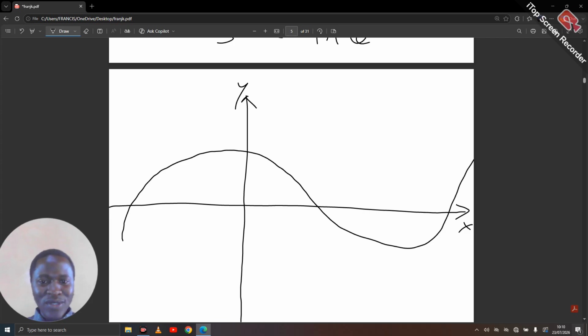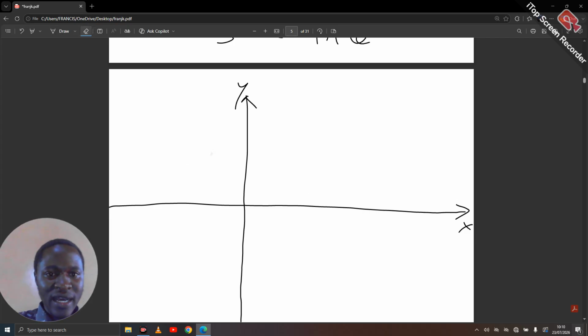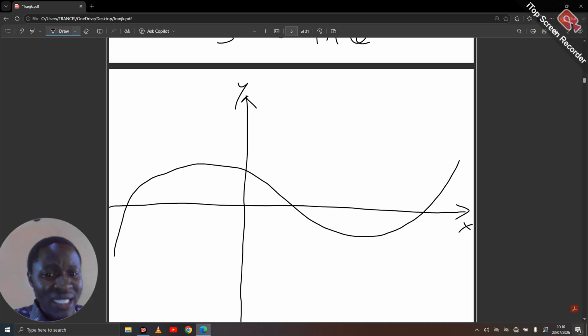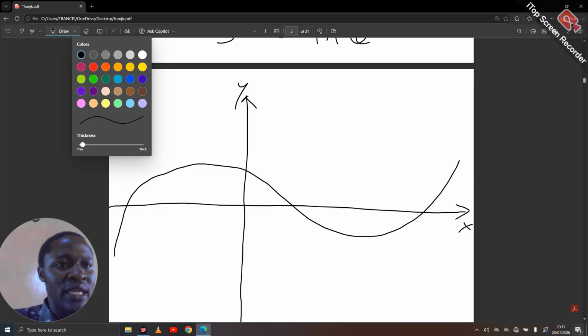You will excuse me, please, but let me try drawing the graph. Something like this. When you see something like this, this is a two-body graph.